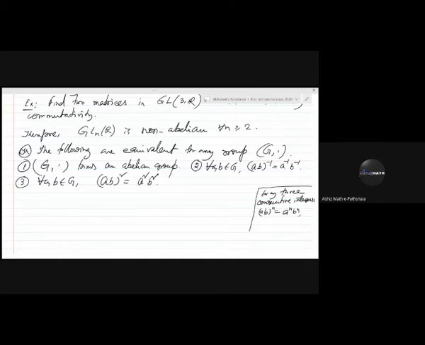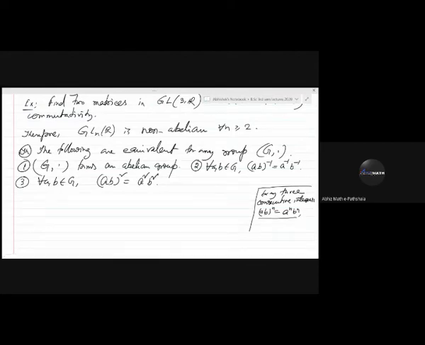That is 3, 4, 5, 5, 6, 7. These are called three consecutive integers. So n minus 1, n, n plus 1. So if you can check that for any three consecutive integers, this property holds, then you can actually have an abelian group.